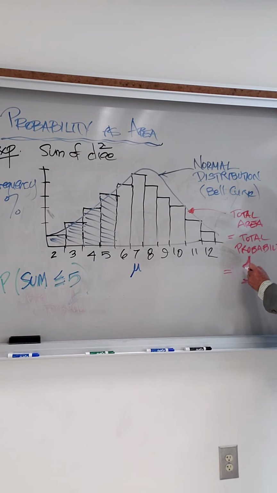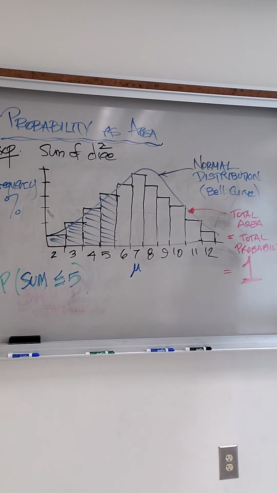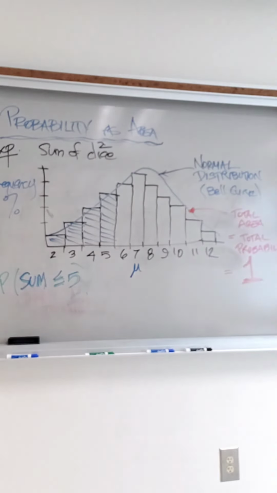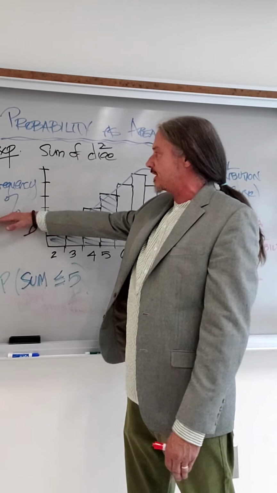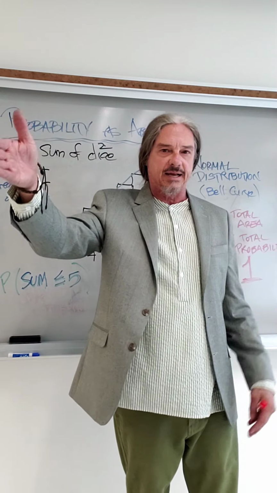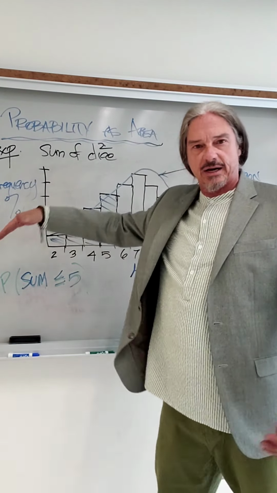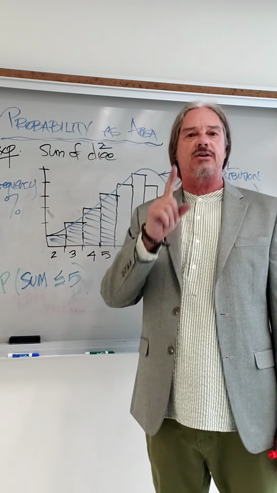So the total area under the curve is the same thing as the total probabilities of everything that could possibly happen. All those percents have to add up to 100%. That's the same as saying the area under every probability curve is 1.